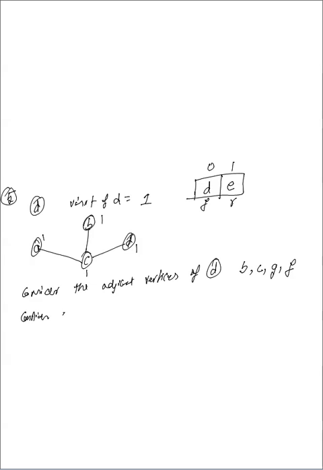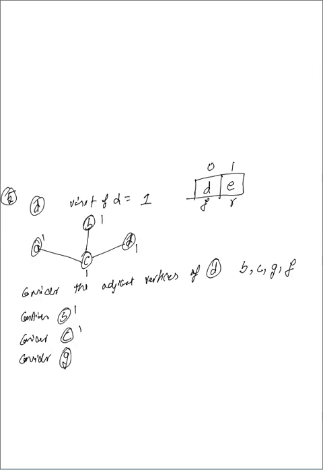Consider B. Visited of B is already 1. Discard. Are you getting? Discard. That is next. Consider C. Visited is already 1. Discard. Next. Observe carefully now. Consider G. Visited is 0.